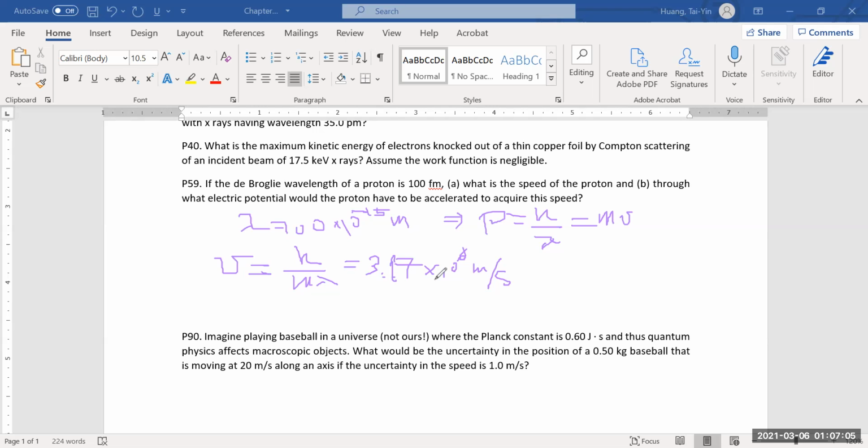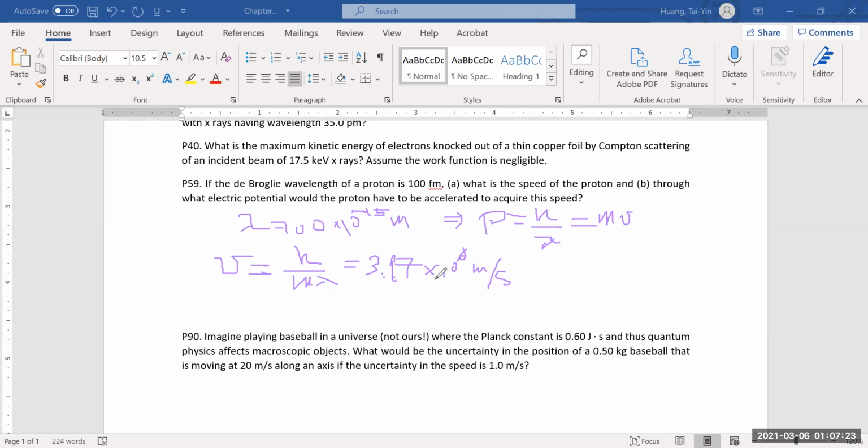So then the next question is, through what electric potential will the proton have to be accelerated to acquire the speed? Now we know that if the proton is moving with a velocity, then it comes with kinetic energy.